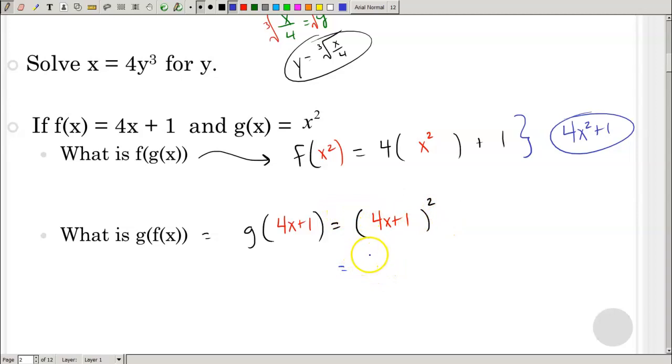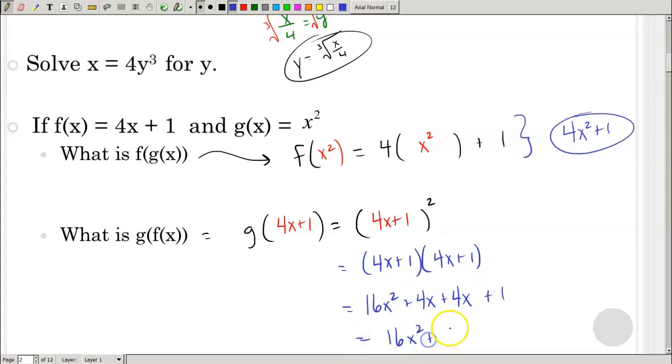If you put it more into a standard form, you'd have 4x plus 1 times 4x plus 1, and you'd have to expand it. This would give you 16x squared plus 4x plus 4x plus 1. So in total, this would be 16x squared plus 8x plus 1. And this would be more of a standard form. And that top one, if you're talking about a quadratic, it might look more like a vertex form, but that's how you do that problem.